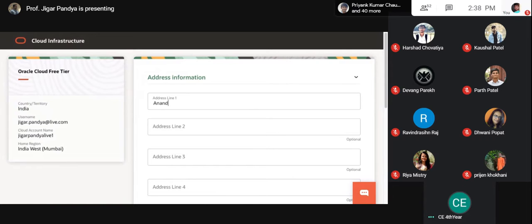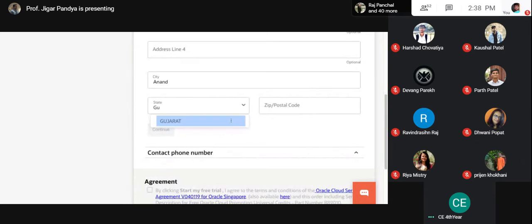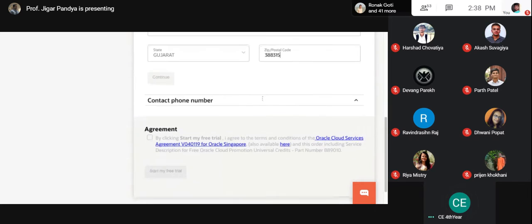I'll just say Anand for now. Everything else is optional. What was it? State, right? And then pin code 388315. So that's about it.